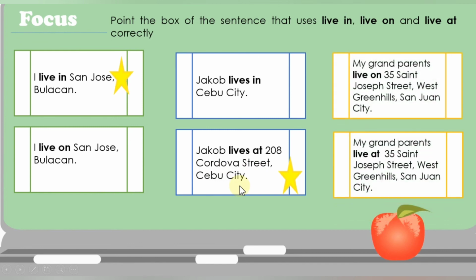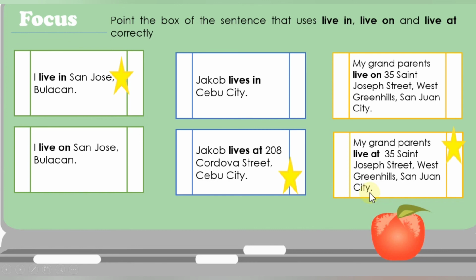Last one. My grandparents live on 35 St. Joseph Street, West Green Hills, San Juan City. In the second box, my grandparents live at 35 St. Joseph Street, West Green Hills, San Juan City. Which one is correct?